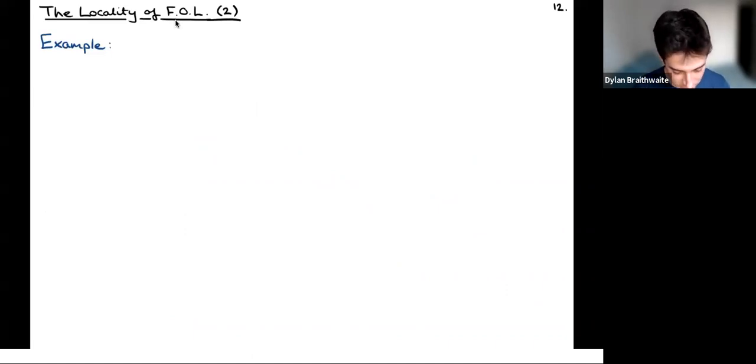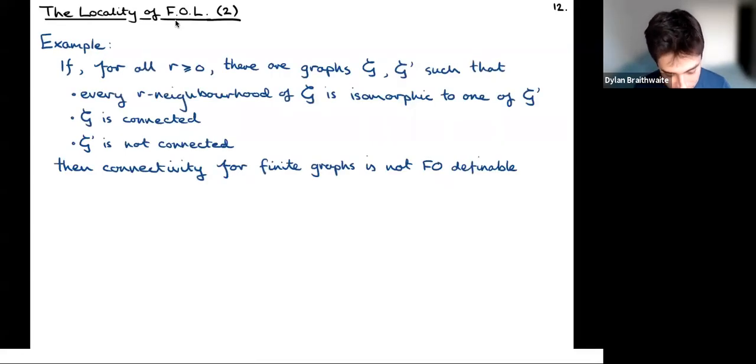So if we specialize the above property specifically for graphs, it says that connectivity of finite graphs is not first order definable if there are two graphs, G and G prime, where one is connected, one is disconnected, but every R neighborhood of G is isomorphic to one of G prime.